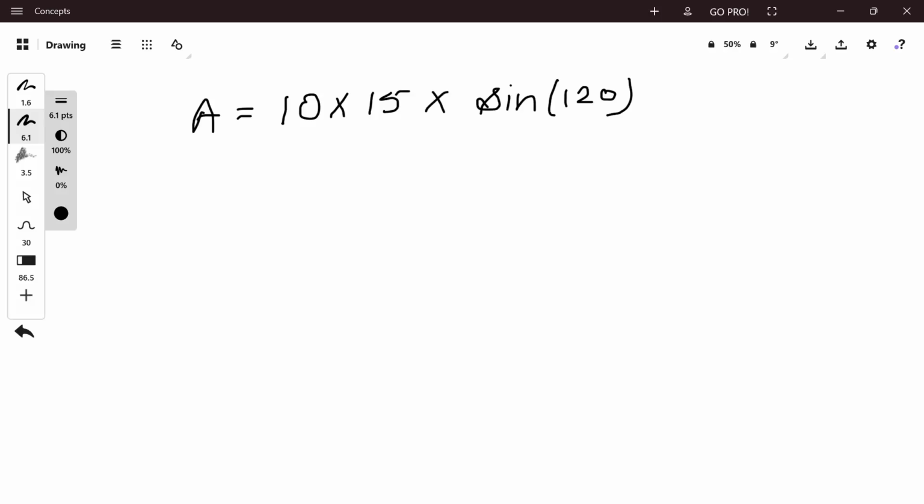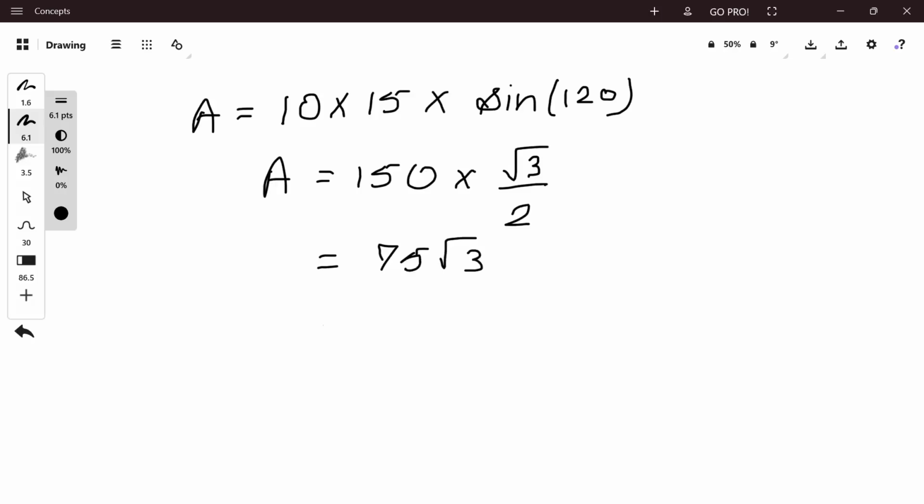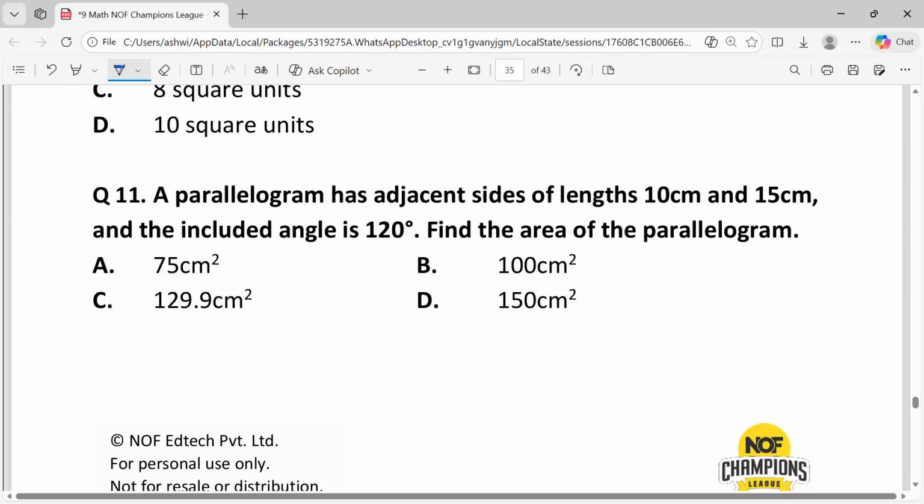Given that the value of sine 120 is root 3 by 2, area is equal to 150 into root 3 by 2, which is equal to 75 root 3, which is equal to 129.9. Comparing with the given options, the answer is C, 129.9.